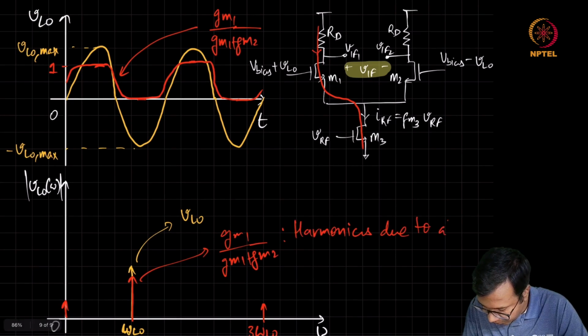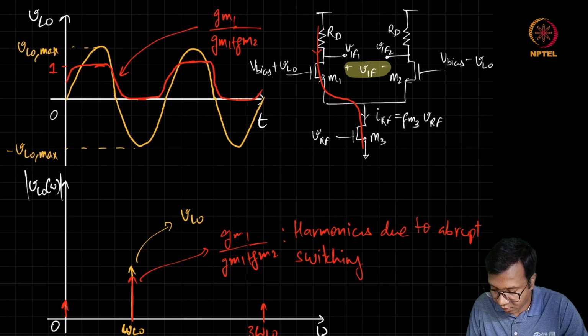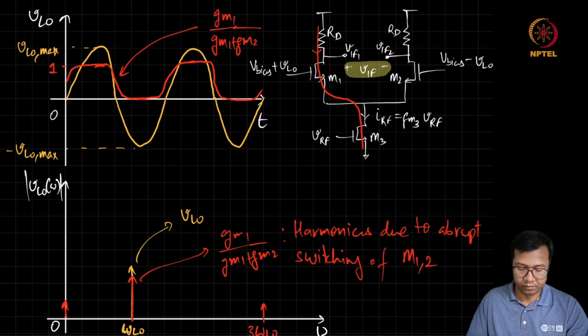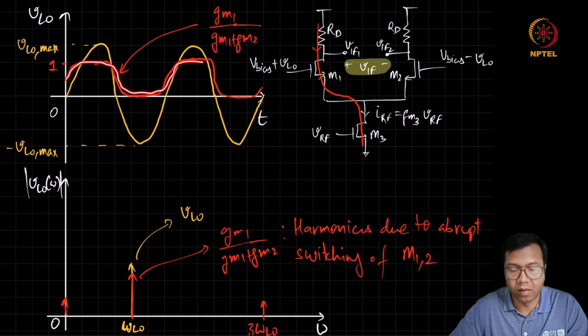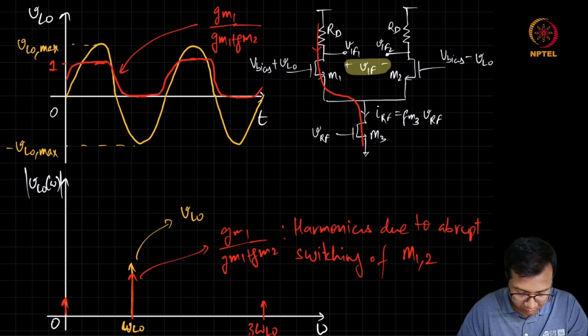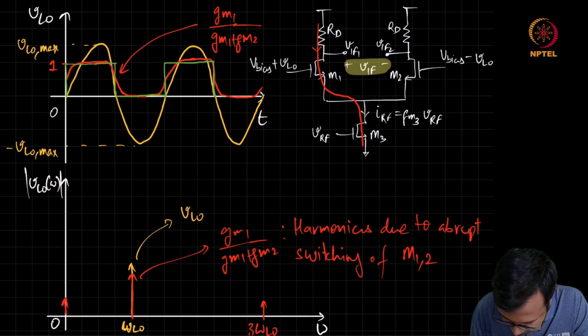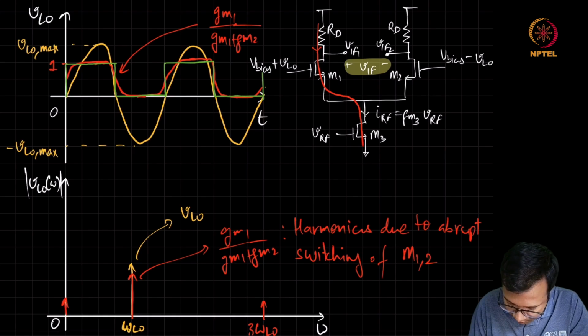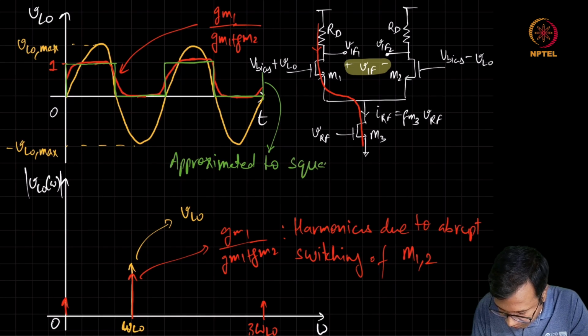Next, due to abrupt switching of the transistors, to simplify the analysis, we can approximate this waveform for GM1 by GM1 plus GM2 as a square wave.